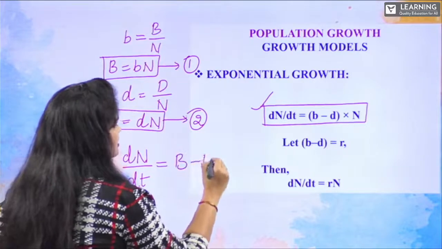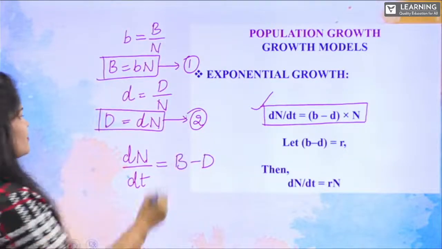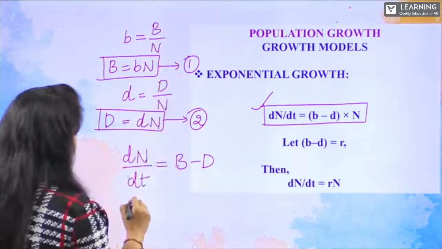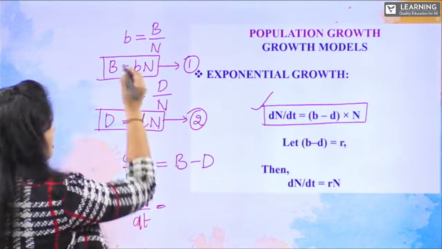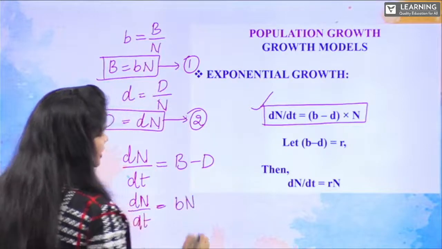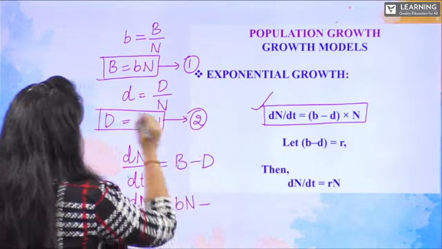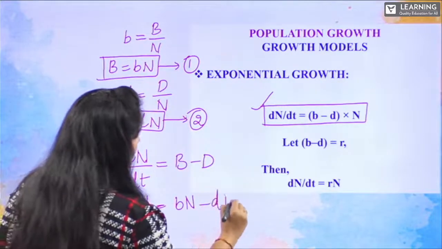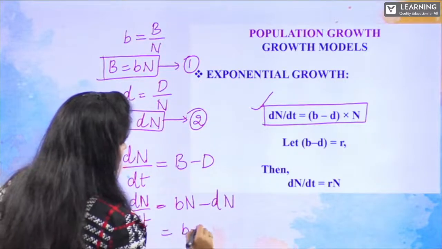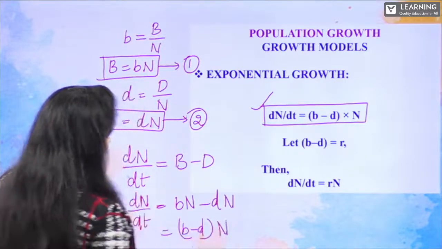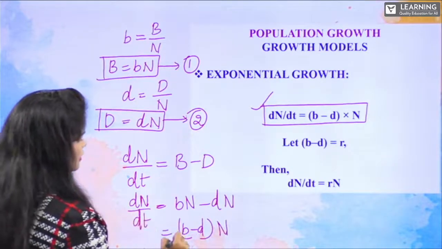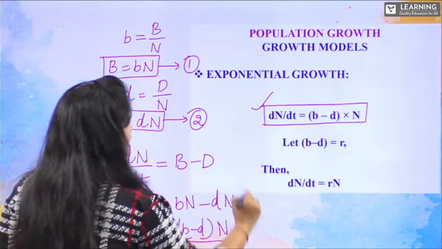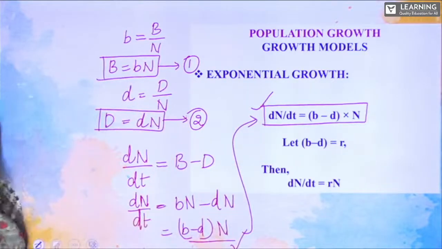Birth minus death. Now, by equation 1, substitute the values. Simple substitution. B is equal to small b N, minus D is equal to small d N. This is what is given in your NCERT textbook.